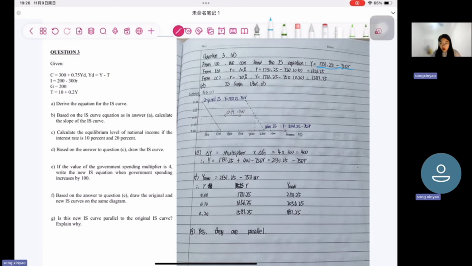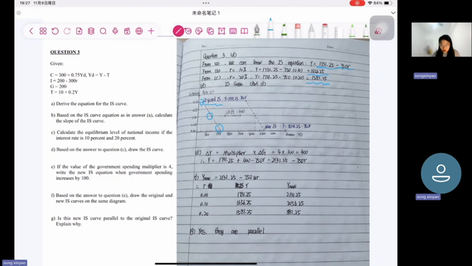And from B, R equals 10%, Y equals this one. From C, R equals 20%, Y equals this one. So for D, we connect these 3 points, and we can get the original IS curve.